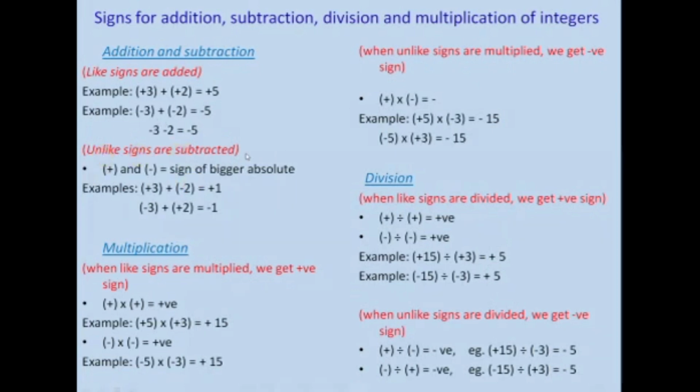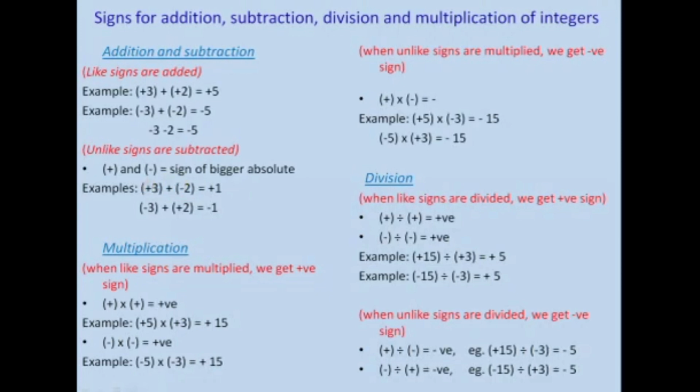Unlike signs are subtracted. When a positive sign and a negative sign are put together, it will be subtracted, and it will take the sign of the bigger absolute. Let us have a look at these examples. +3 and -2 are put together. They are unlike signs, plus and minus, so they cannot be added, they have to be subtracted.